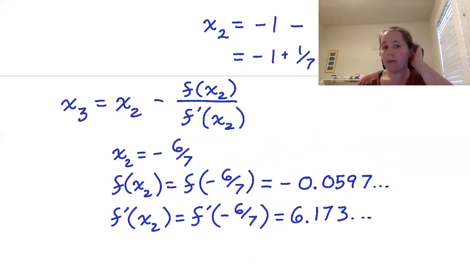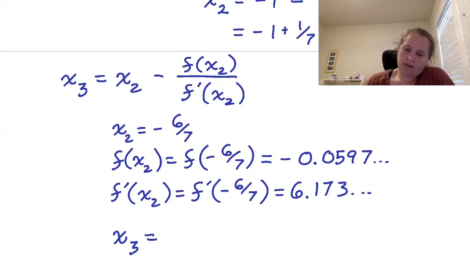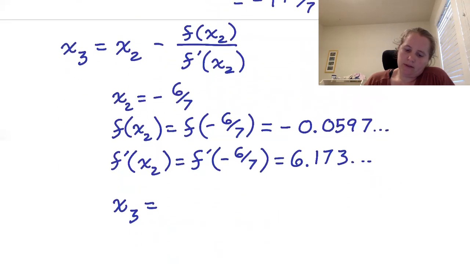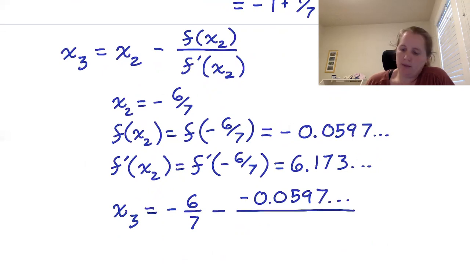And so now we can go ahead and solve for x3. So we have x3 is equal to x2, which is negative 6/7, minus f of x2, which was negative 0.0597 going on, divided by f prime of x2, which was 6.173 going on.